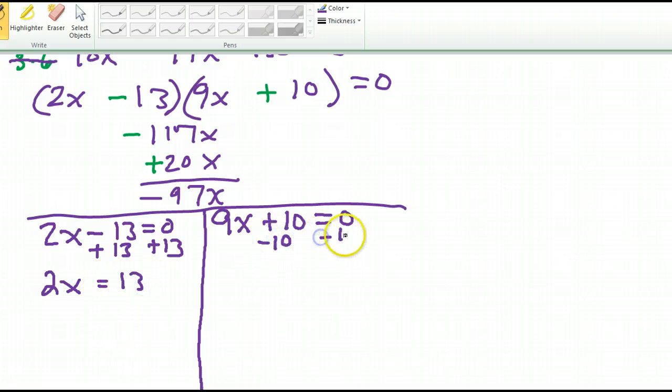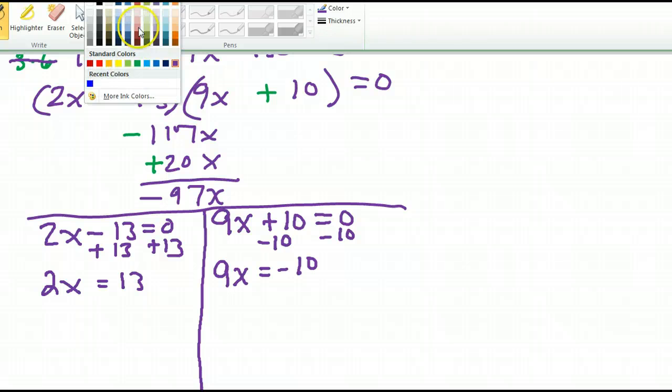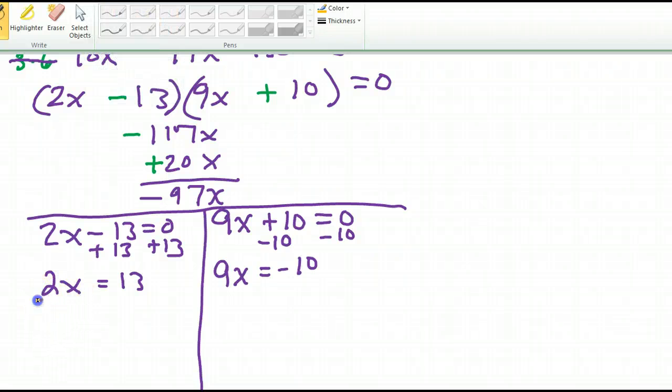Subtracting 10, we have 9x is equal to negative 10. Well, then we would divide both sides by 2, wouldn't we? And might as well do this while I've got the orange out, because I would divide both sides by 9.